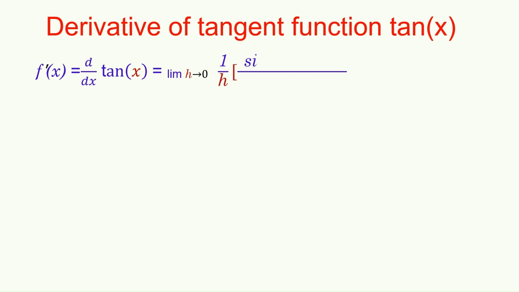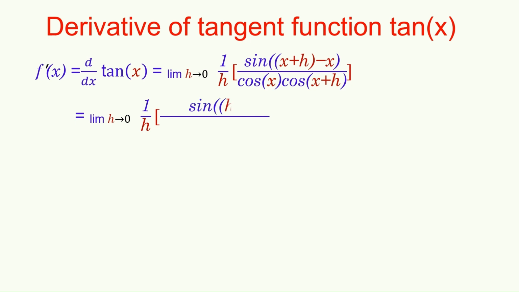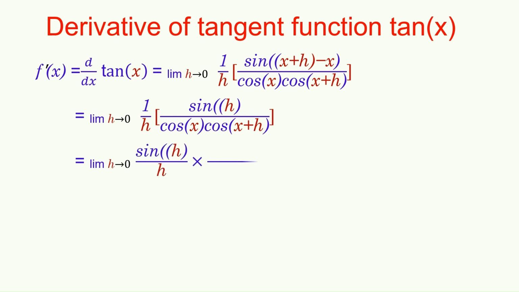So we have f'(x) = d/dx tan x = limit as h tends to 0 of 1/h in bracket sin(x + h − x) / cos(x + h) = limit as h tends to 0 of 1/h in bracket sin h / cos(x + h) = limit as h tends to 0 of sin h / h in bracket 1 / cos(x + h).